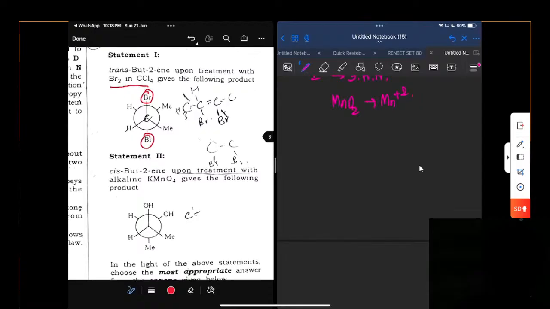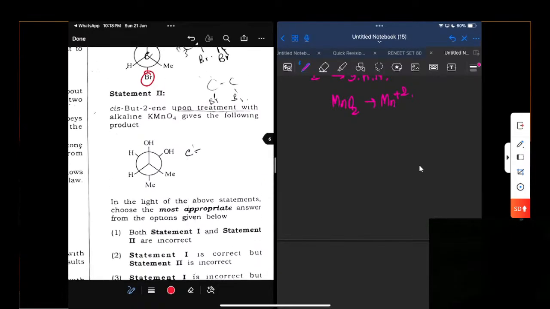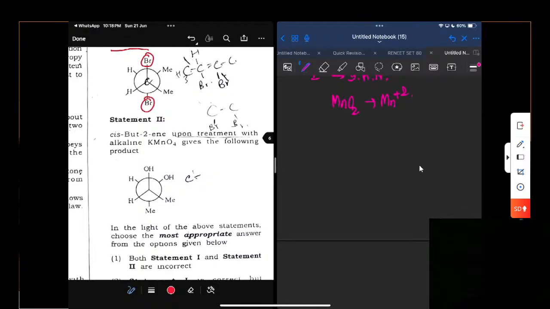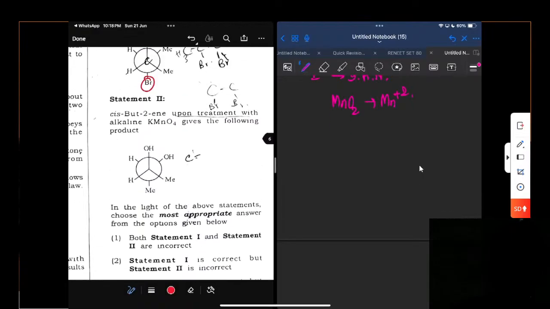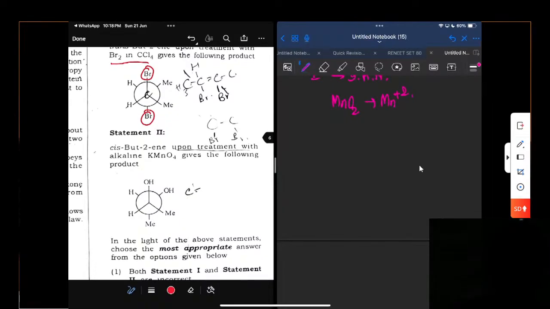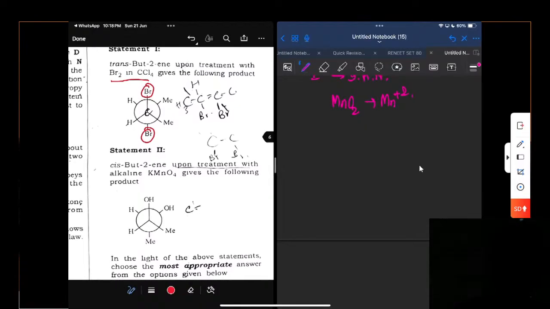Now let's go to statement 2. Cis 2-butene upon treatment with alkaline KMnO4 gives the following product.